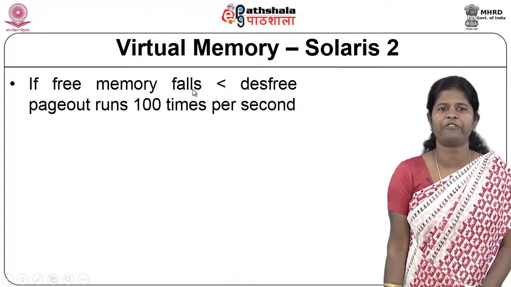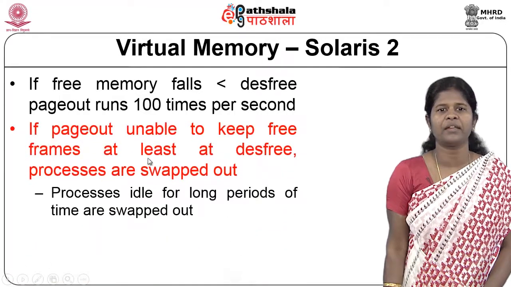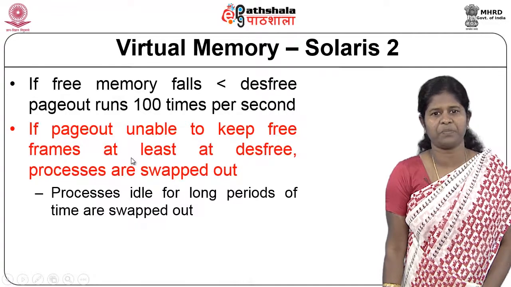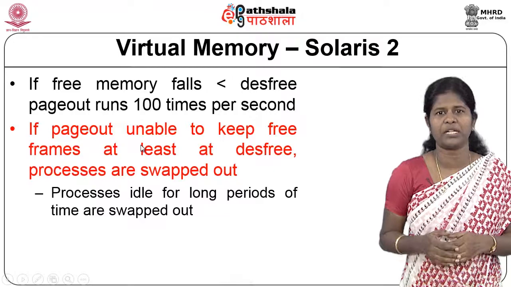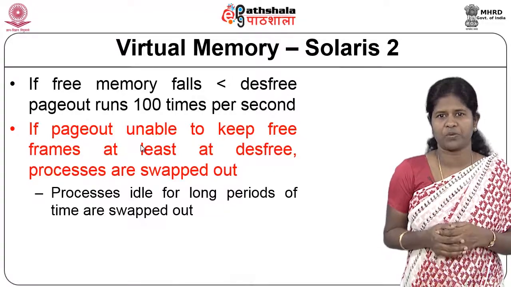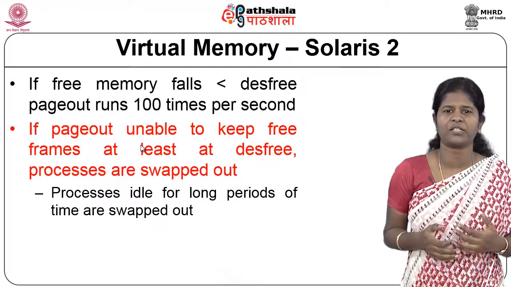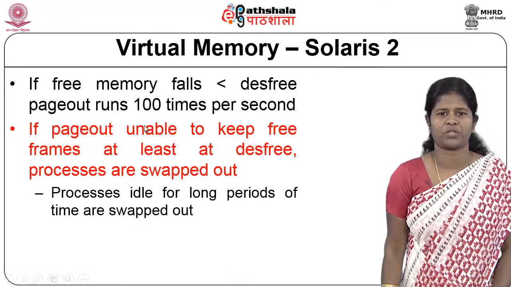And if pageout is unable to keep the free frames at least at desfree, then processes are swapped out. Processes which are idle for long periods of time are chosen and swapped out.